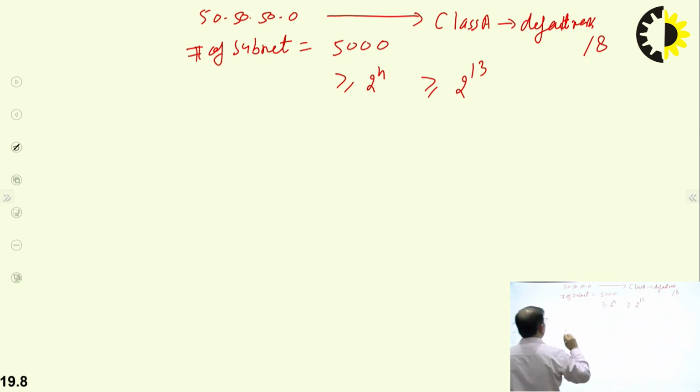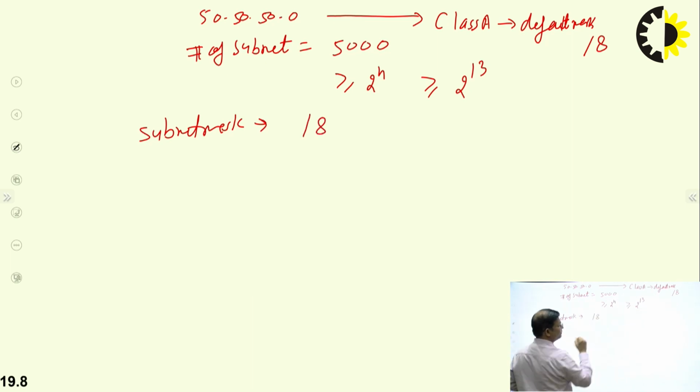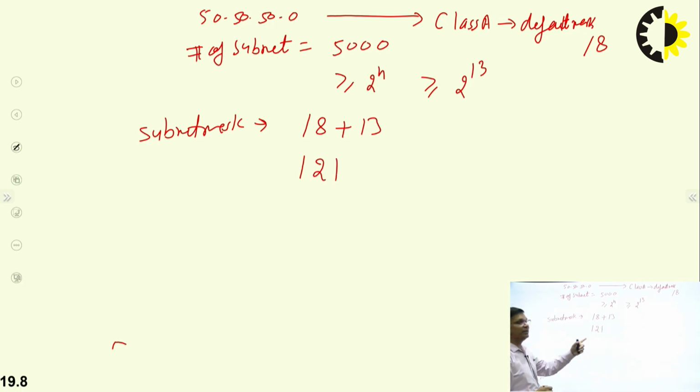So, we should decide the subnet mask. How? The default is 8, and 13 is driven by the number of subnets, which becomes 21. So, this is the subnet mask, /21, because if we keep /21, then only can we have 5000 subnets or more.